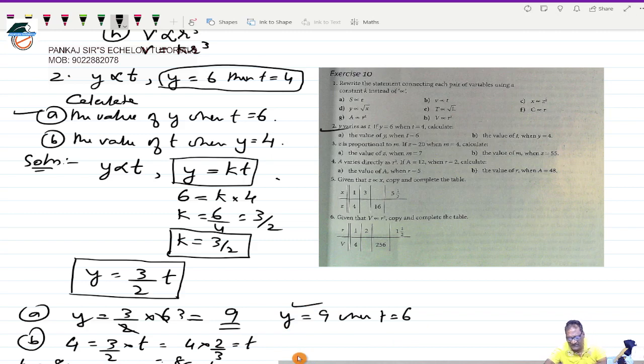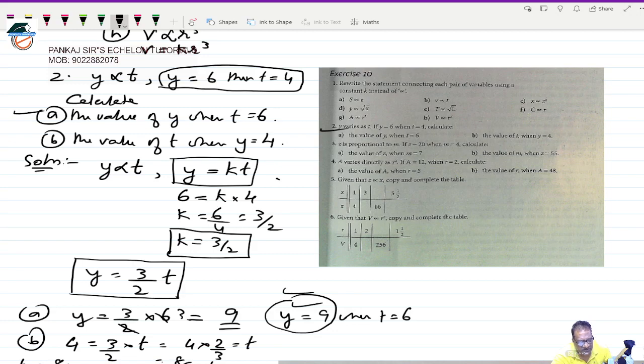Let me check the answer for exercise 10, question number 2, and let us verify it. Here the answer for question number 2 A is y equal to 9, which we got correctly, and it says that the B answer is 2 by 3. Of course 8 by 3 can be written as 2 by 3.